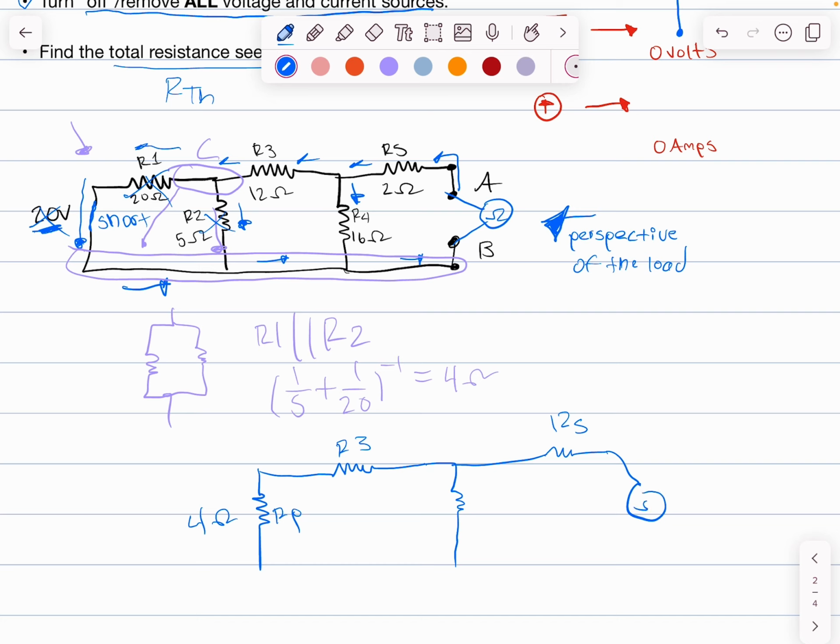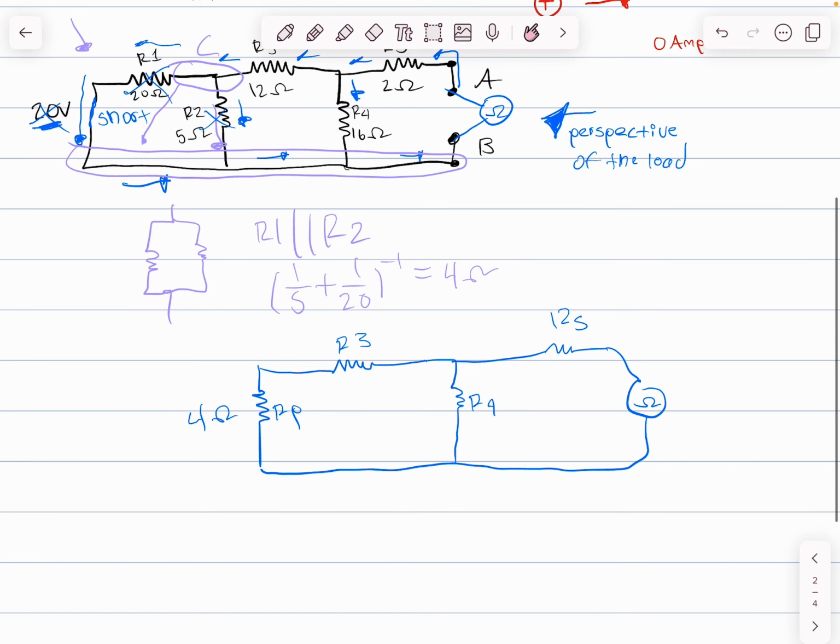So the same idea I have here, I simplified my circuit, and I want to make sure I find my final answer whenever I'm going for my resistance Thevenin. So now here I see, if I put my values back on my circuit, R3 had 12 ohms, R4 had 16 ohms, and R5 had 2 ohms.